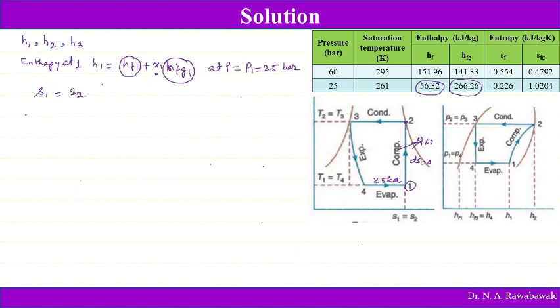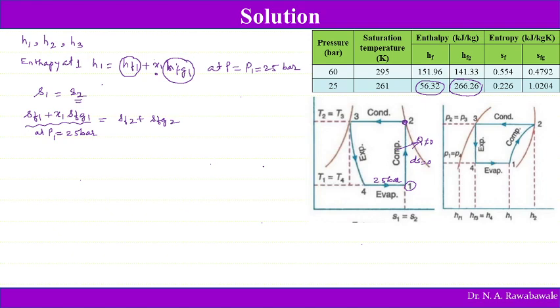So to find out entropy at point 1, we can write the equation as SF1 plus X1 SFG1. So this data has to be taken at pressure P1 equal to 25 bar, and then S2 is to be obtained as SF2 plus SFG2. Here the dryness fraction of steam, or refrigerant, at point 2 is dry saturated, already given in the problem.